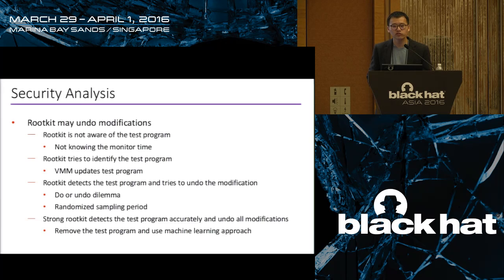So even if it tries to undo the modification, maybe it is during the time that it's not being monitored. That's not very useful because eventually we'll catch it. Now it may also try to identify the test program, which is very reasonable. As I said, the VMM can update the test program and try to use other ways to evade the detection from the rootkit.